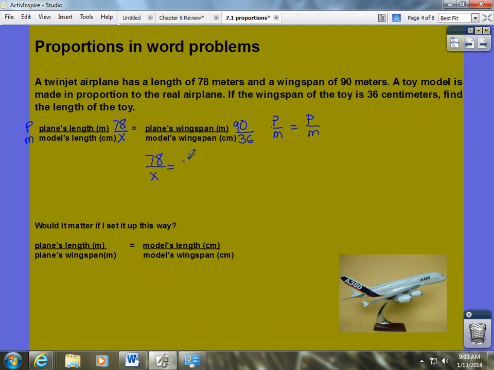And we're going to cross multiply. 78 times 36 equals X times 90, or 90X. Okay, 78 times 36 is 2,808. That's going to equal 90X, so I'm going to divide by 90.